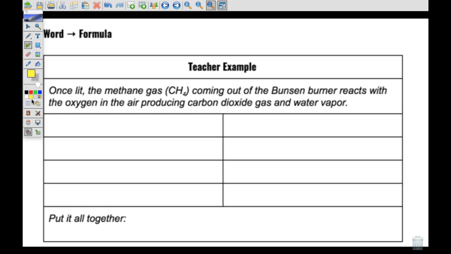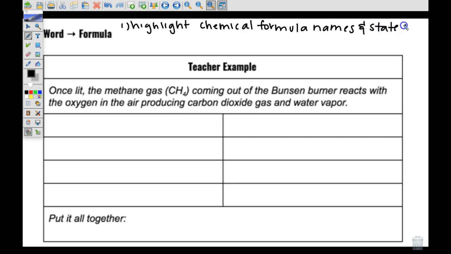So the sentence states, once lit, the methane gas, CH4, coming out of a Bunsen burner, reacts with the oxygen in the air, producing carbon dioxide gas and water vapor. The first thing I'm going to do is highlight the chemical formula names that I see and their states of matter: solid, liquid, or gas.